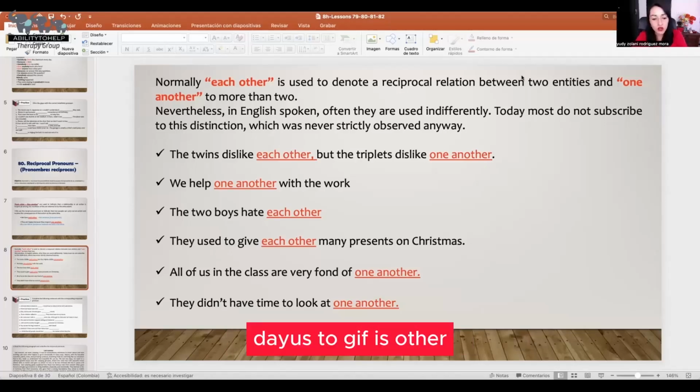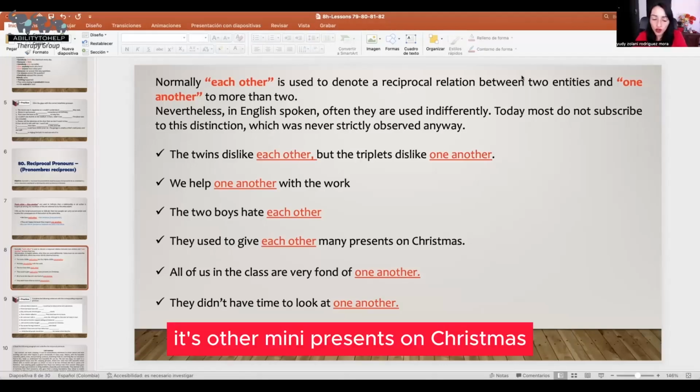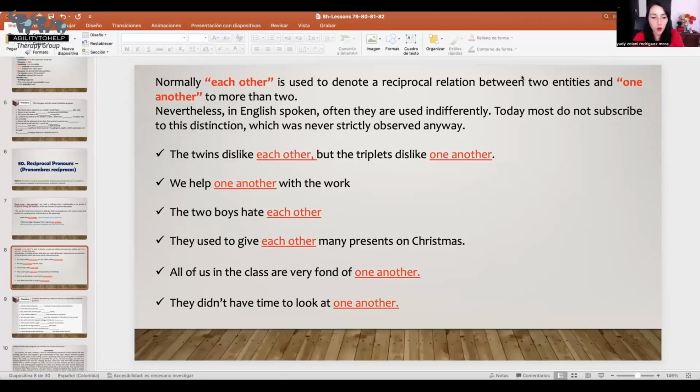They used to give each other many presents on Christmas. So we don't know, but they are talking about just two people.